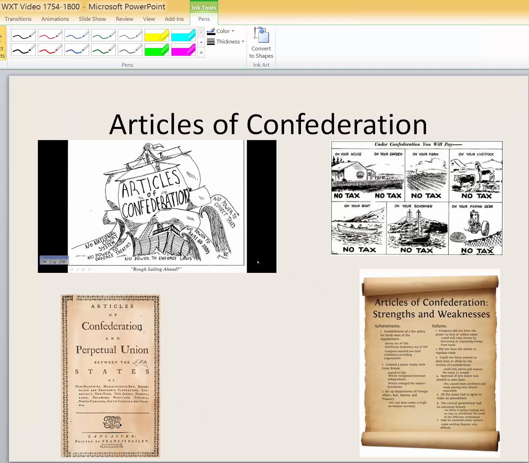Now, once the revolution is successful, the first form of government is going to be the Articles of Confederation. The key aspect of this that you want to remember is that this was a weak central government.